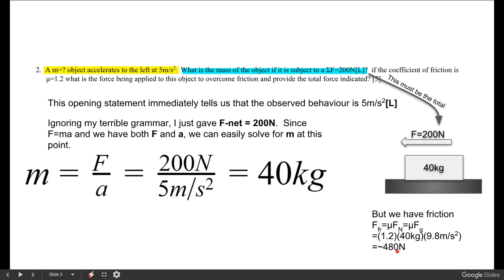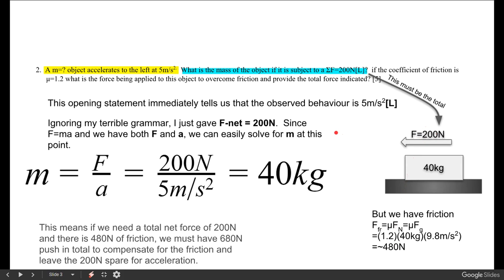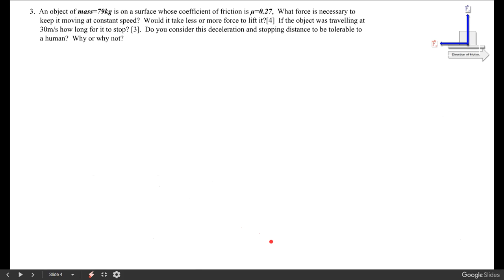So somehow, the 480 newtons drag, when we're done, we have to have 200 newtons extra. So this means if we need a total of 200 newtons and we know there's 480 newtons taking away from the answer, we must have 680 newtons push on this object. 480 newtons comes off due to friction, leaving 200 newtons spare.